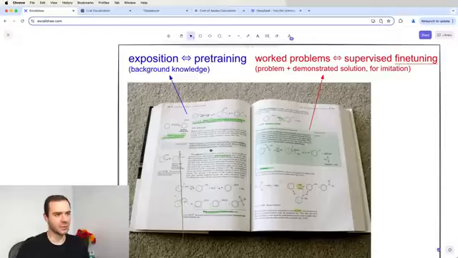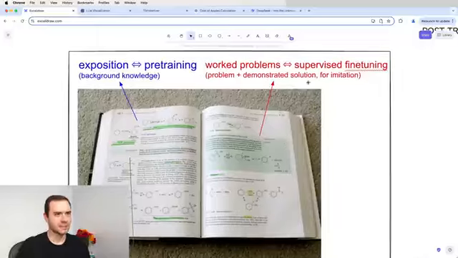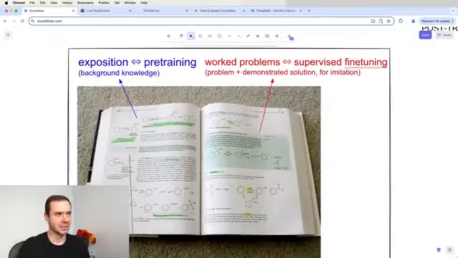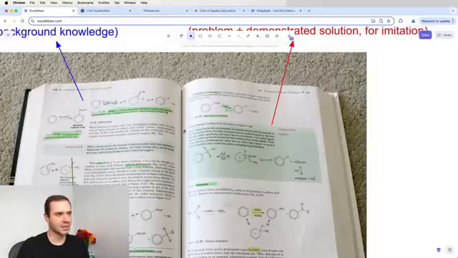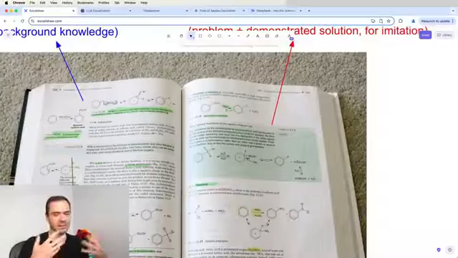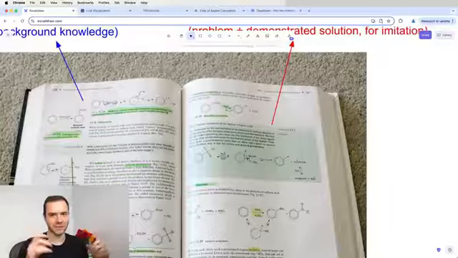So it's where we build a sort of knowledge base of this data and get a sense of the topic. The next major kind of information that you will see is these problems with their worked solutions. So basically a human expert, in this case the author of this book, has given us not just a problem, but has also worked through the solution. And the solution is basically equivalent to having an ideal response for an assistant.